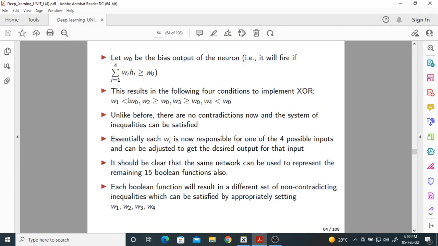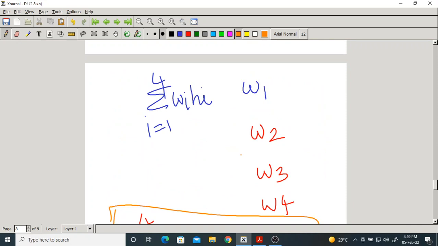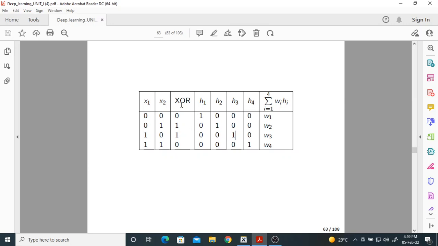Now, this results in the following 4 conditions to implement XOR. Before that, what should be the final output? We are implementing the XOR Boolean function using the network of perceptrons. Finally, the output should be like this, the third column: 0, 1, 1, 0.